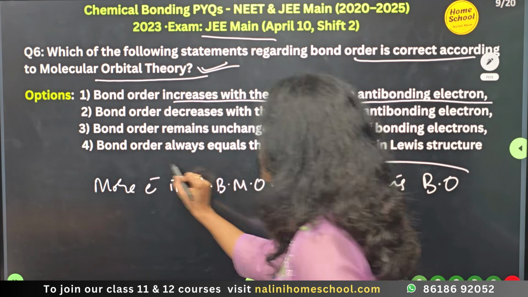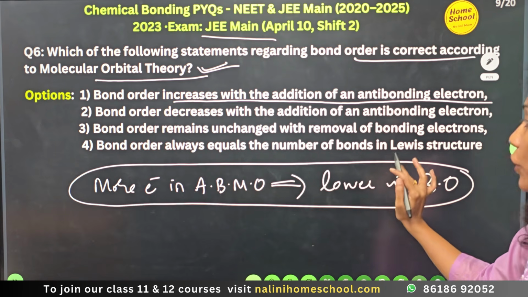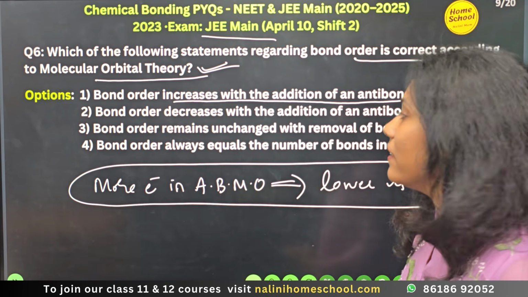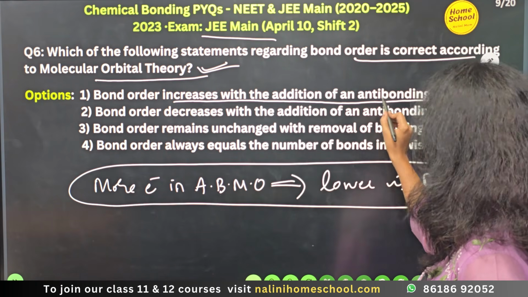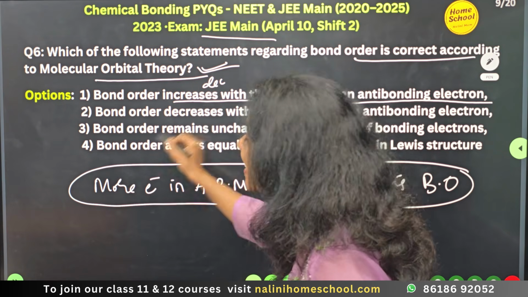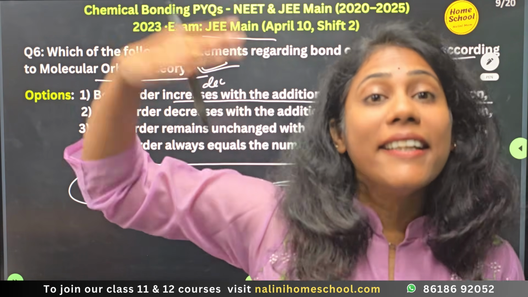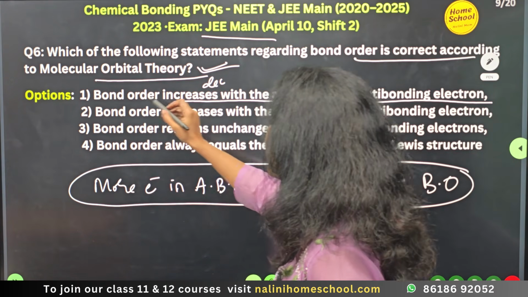This is the trick. Just based on the trick, they have asked one more question. That's why I told you this trick is very, very important. So what they said, bond order increases with addition of anti-bonding electrons. No, bond order in fact decreases with the increase of electrons in anti-bonding, isn't it? So this is not the option.